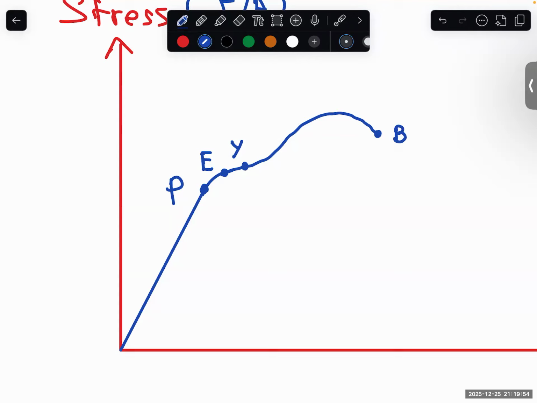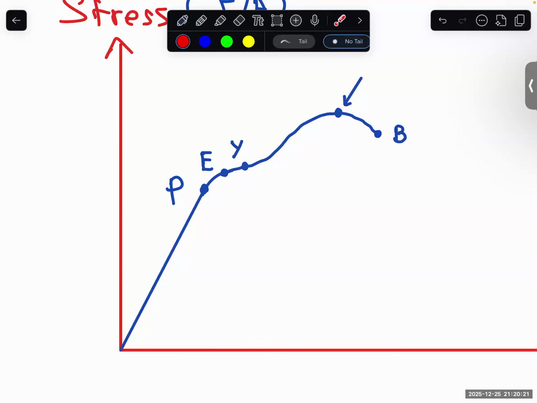Breaking point. So at that point, the discontinuity happens. It undergoes fracture. It's no longer a continuous piece of metal. Now it is broken. And this is the maximum stress.